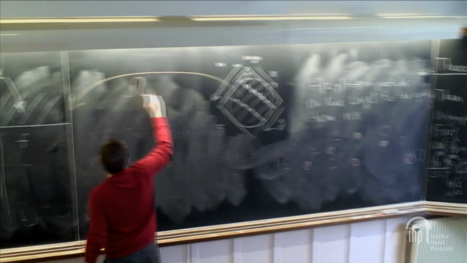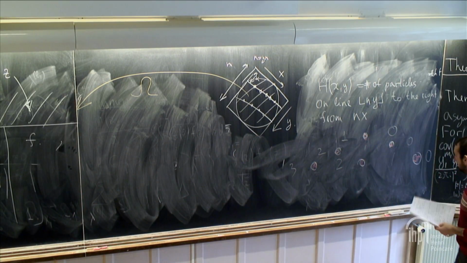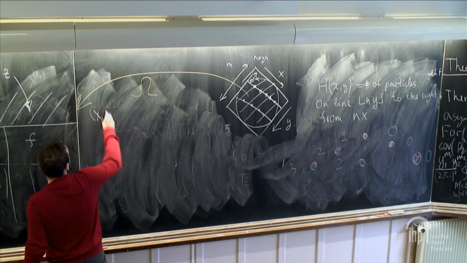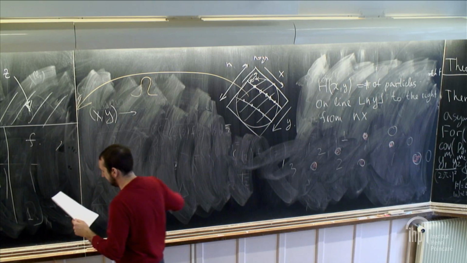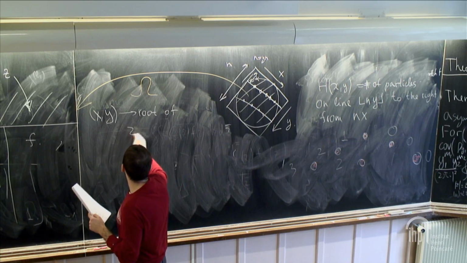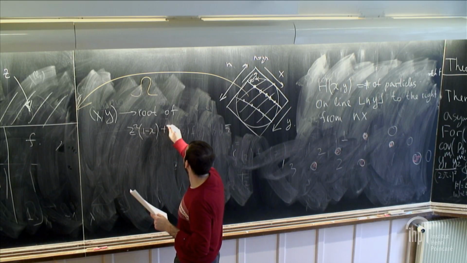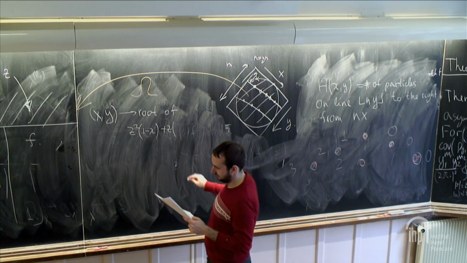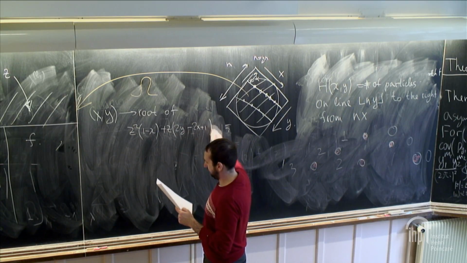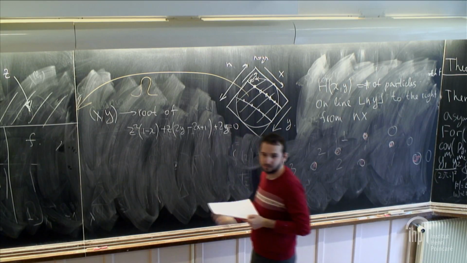It would be a map omega. In this case, this map is completely explicit. So point xy will be mapped with the root of the polynomial z squared times 1 minus x plus z times 2y minus 2x plus 1 plus 2y equals to 0.